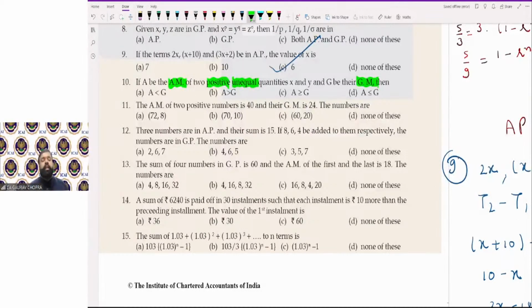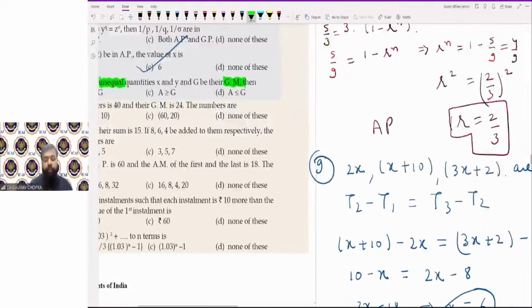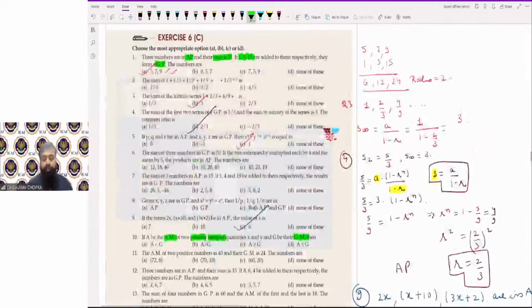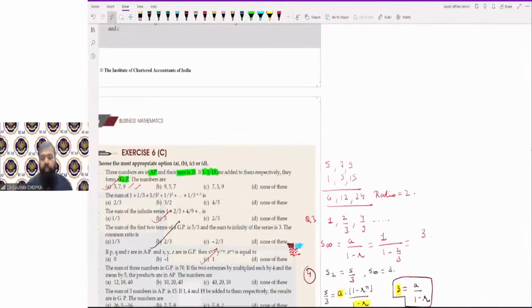तो you can take any number, किसी भी नंबर को आप सेलेक्ट कर लें. उसका एएम जीएम जब आप निकालेंगे तो arithmetic mean will always be greater than geometric mean. एएम आपका ऑलवेज ज्यादा ही आने वाला है. Let's take some example. Let's say one value is 16, कोई सिंपल वैल्यू है 16 and 9. Okay, if you find out arithmetic mean (16 plus 9) upon 2, you will get 12.5.